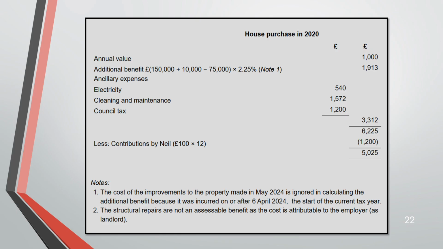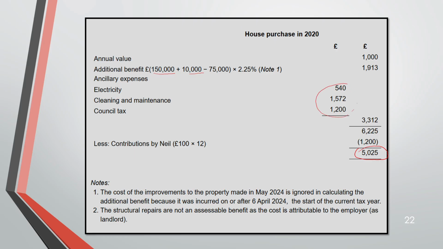So this is the answer for activity 1, where we got 5025 as the value of the benefit when we purchased it within 10 years. We took the purchase price with capital improvement, which was in 2021, not the later improvement. And then we took the ancillary expenses.